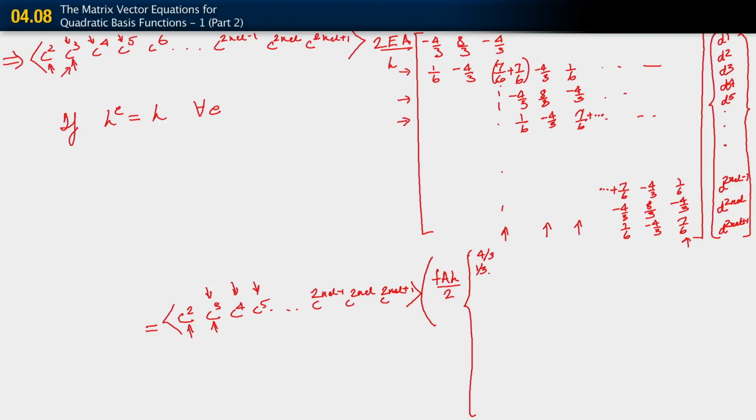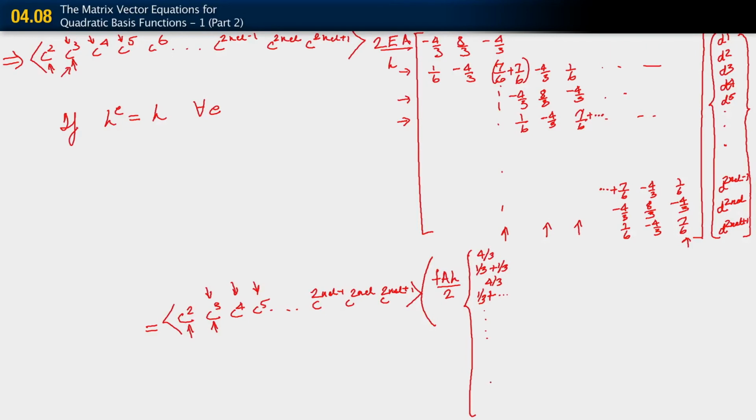If we go back and look at how we wrote the sum over elements of the contributions from the forcing function, we see that we do get indeed a 1/3 being added here. We get 4/3 from the C4 degree of freedom, and we get a 1/3. But this 1/3 will then be joined by another 1/3 from element 3, right? And this process continues until we come all the way down to the contributions from the last element.